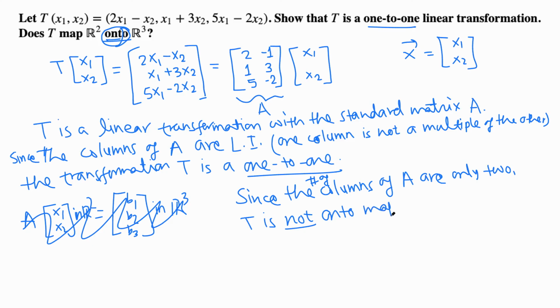Note one warning: we might have three vectors, but if they are linearly dependent, it still can't be onto. We have to have three linearly independent columns. But in this case, we don't have enough vectors. In fact, we have only two. Since there are only two columns, only two vectors, not enough to generate a vector in R3, so it is not an onto mapping.